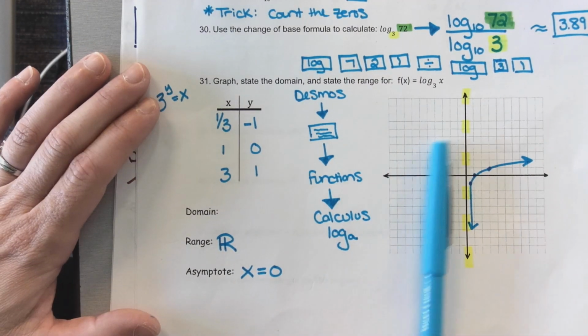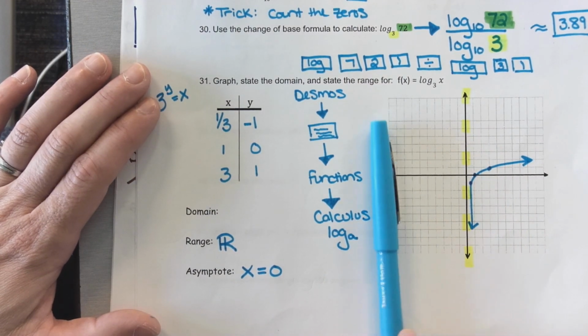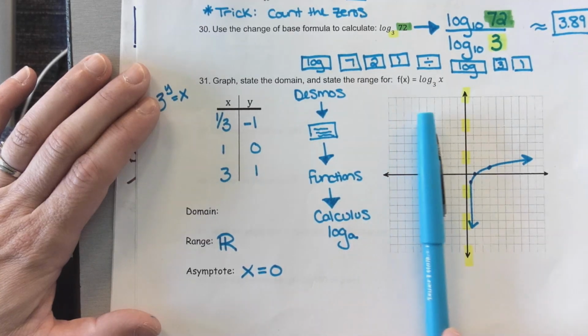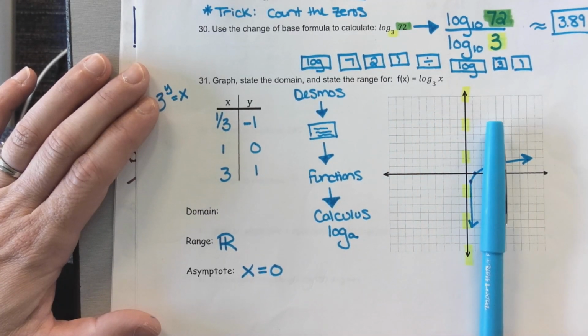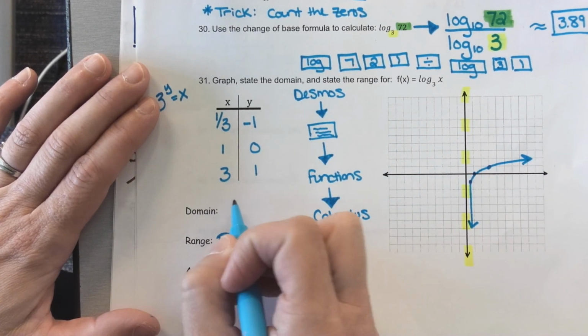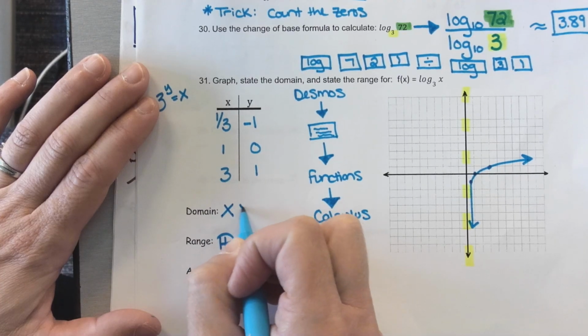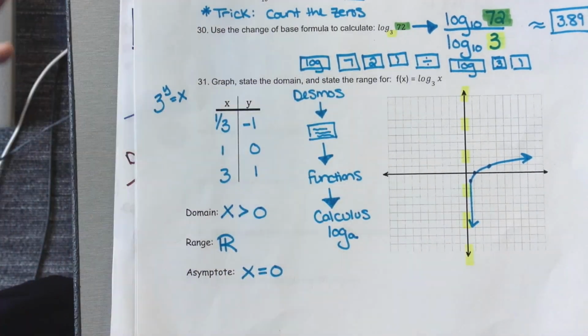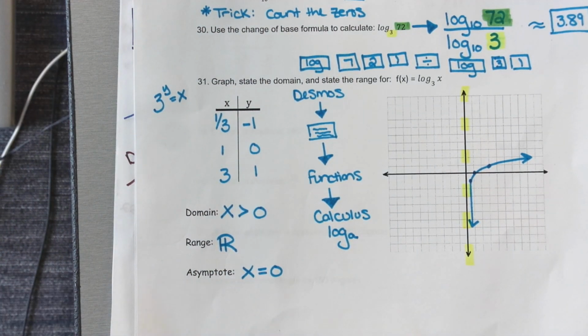Do you see how there's no graph over here? Okay, so there's no graph until past 0. So my domain is going to be x's greater than 0. Don't put the equal to, because you see how it's never actually going to touch 0. It's just going to stay bigger than 0.